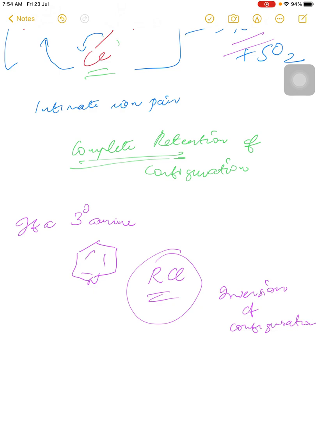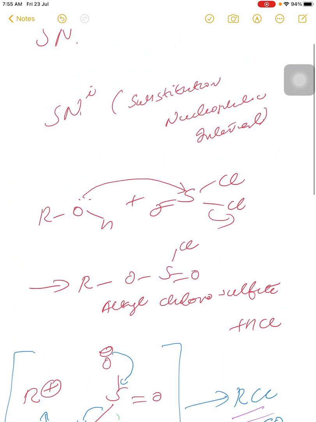Here the pyridine coordinates with the HCl produced during the formation of the alkyl chlorosulfite from the alcohol and thionyl chloride.